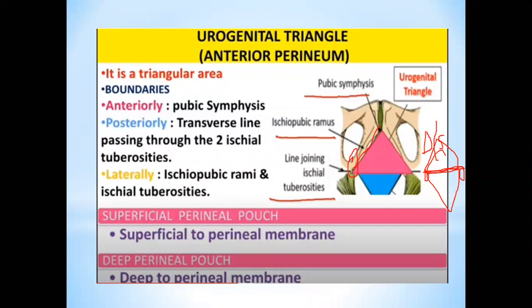Ma'am, the pelvic diaphragm is formed by the levator ani and coccygeus muscle, and the urogenital triangle is the partition when we divide the perineum into anterior triangle and posterior triangle. So the anterior triangle is the urogenital triangle. Yes, excellent.